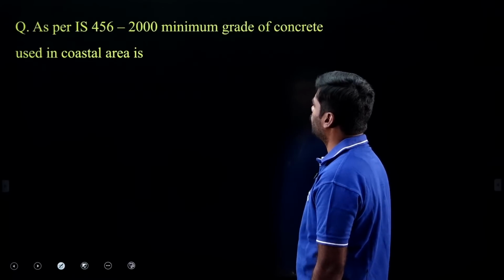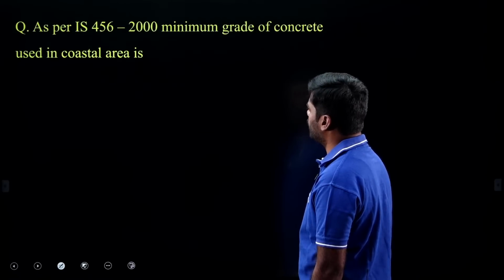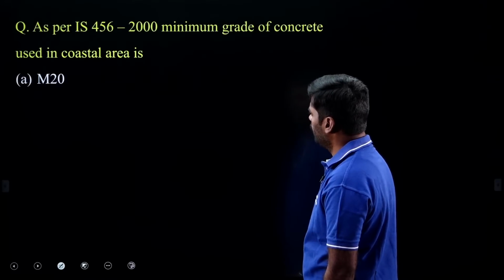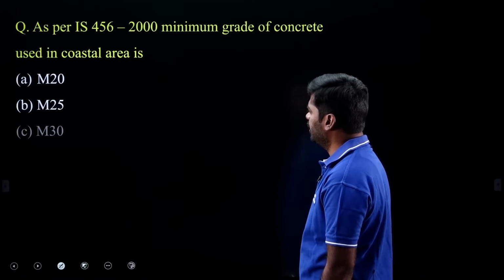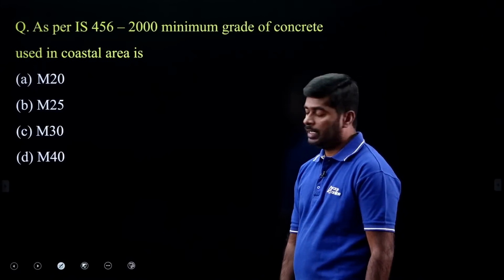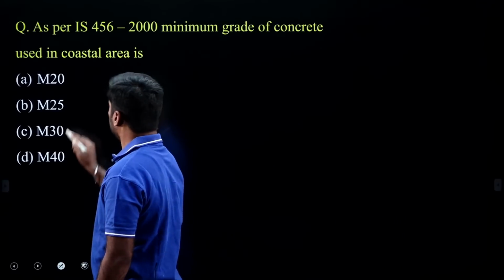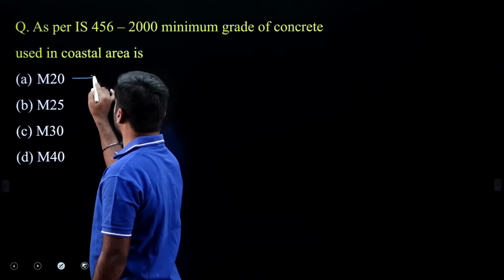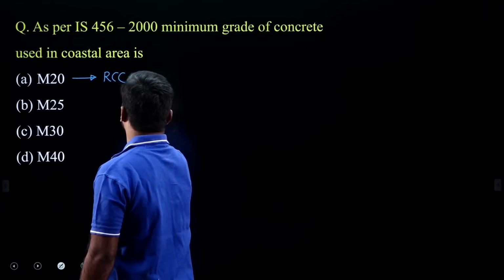As per IS 456-2000, minimum grade of concrete used in coastal area is, options given: A, M20, B, M25, C, M30, D, M40. My dear, M20 is used in RCC in general construction.